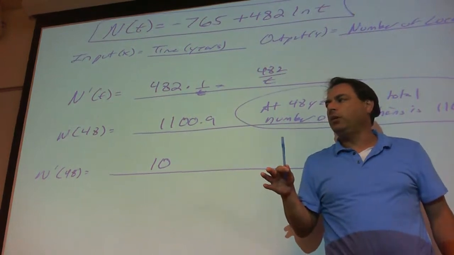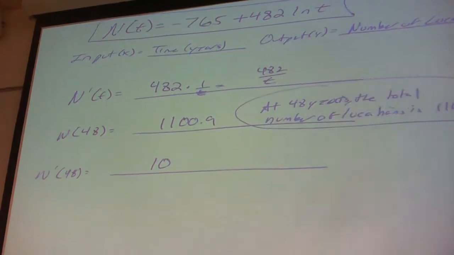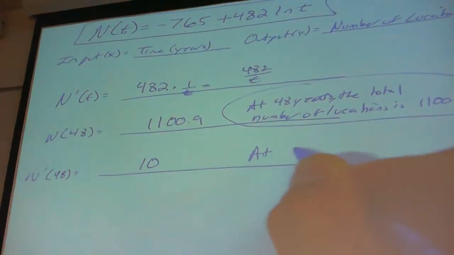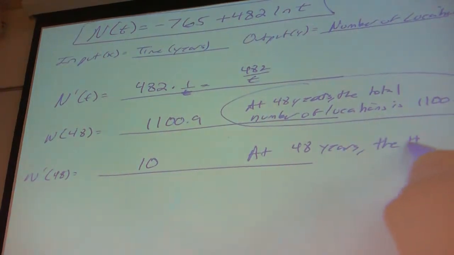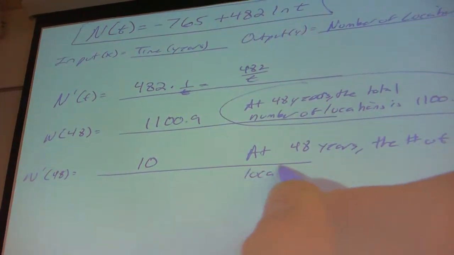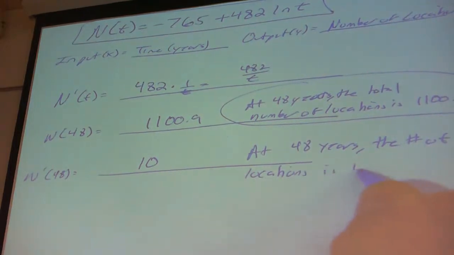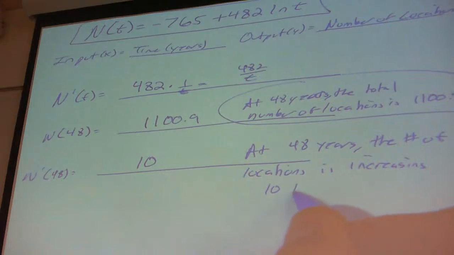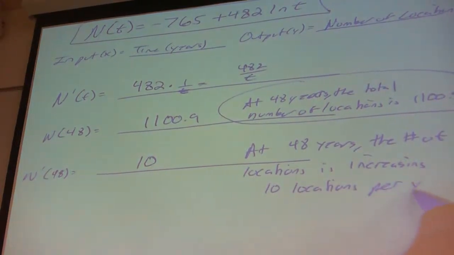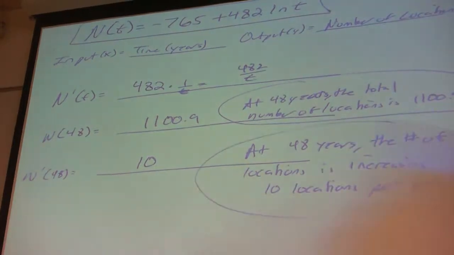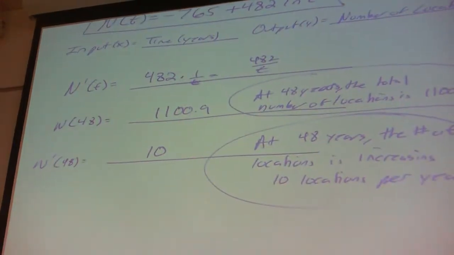How do you know it's more? Positive. And 10 is the number of locations. So this is telling me at the current rate, at 48 years, the number of locations is increasing 10 locations per what? Per year. That's what a derivative is. That's what we're spending our time on.